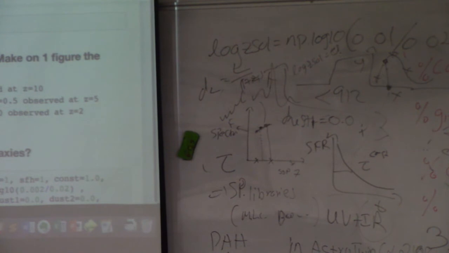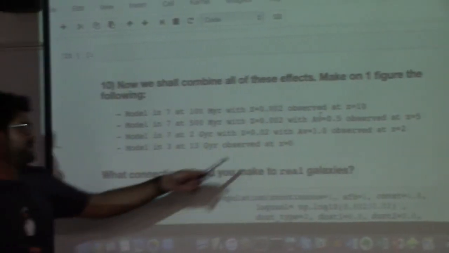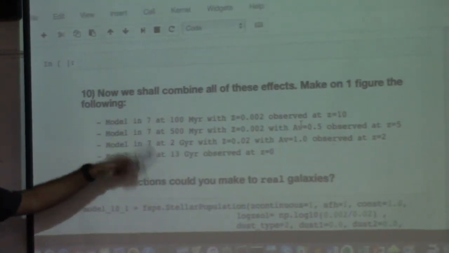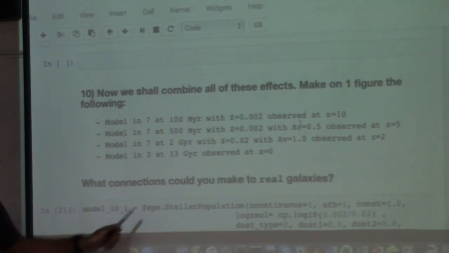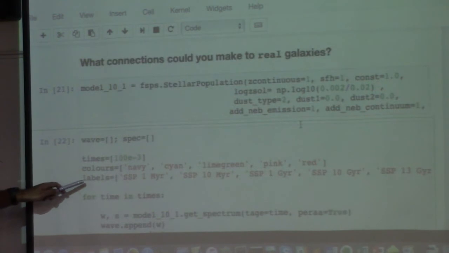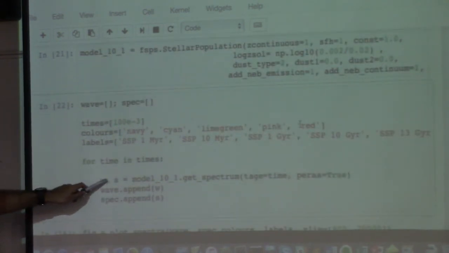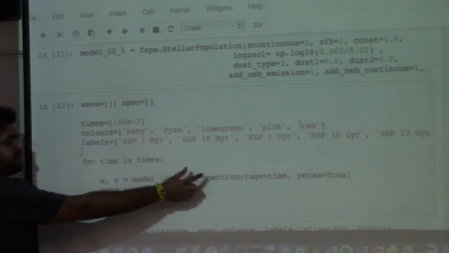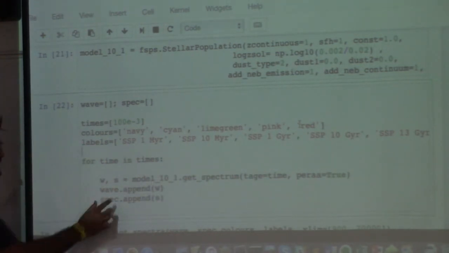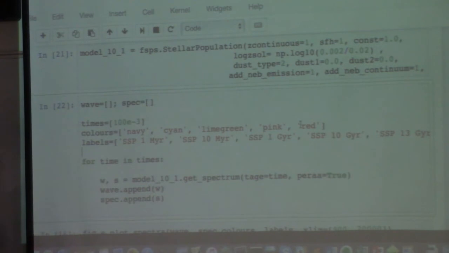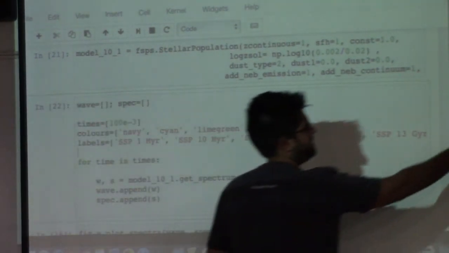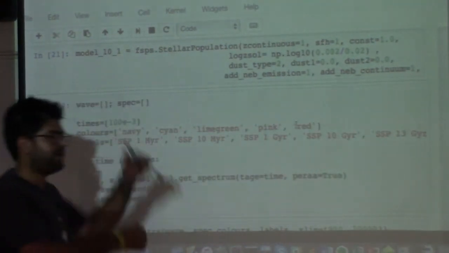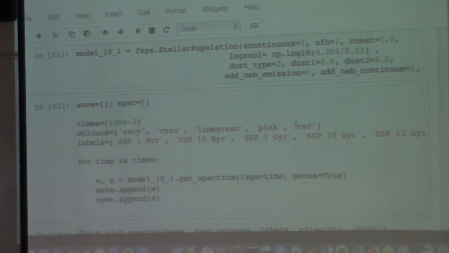The galaxy at redshift 10 will be fainter compared to the galaxy at redshift 2 if all the other parameters are the same. So once you compute the wave and the flux, make sure that you redshift the spectrum, and then decrease the flux depending on this factor, if you want to look at how the actual real galaxy would look.